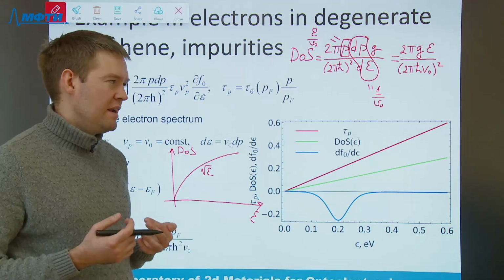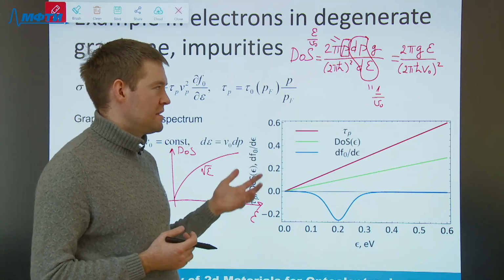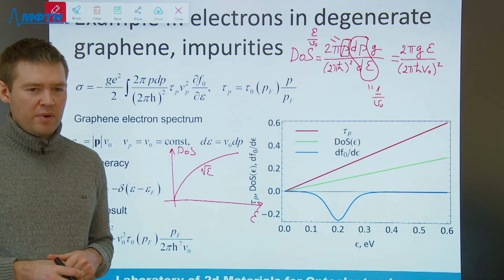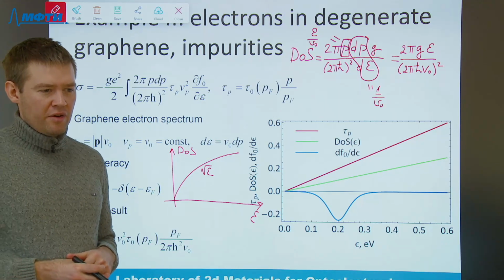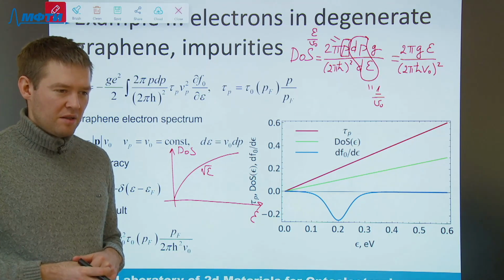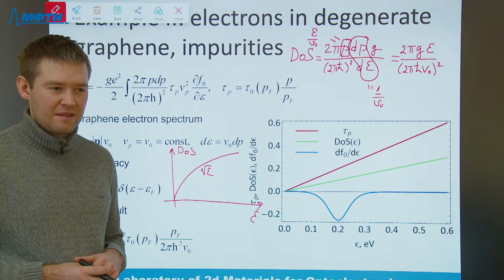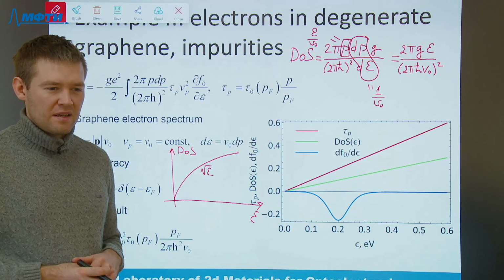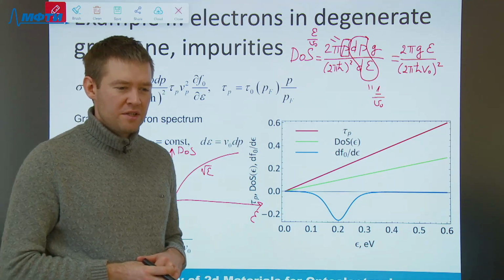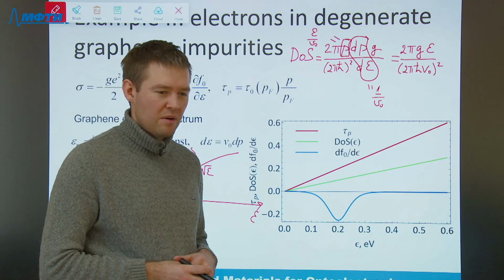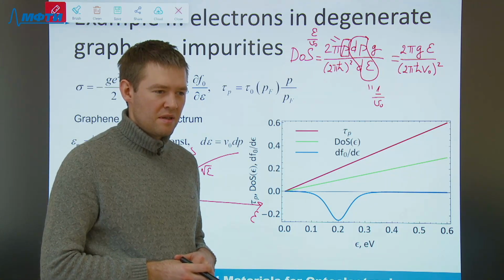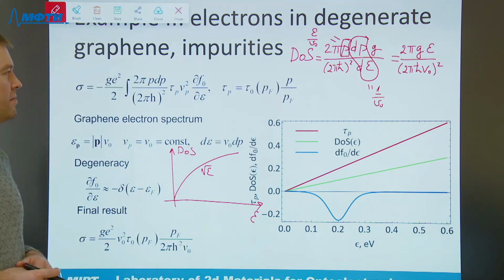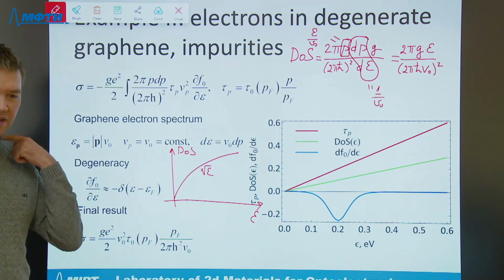So graphene, in terms of the density dependence of conductivity, should be compared only to other semiconductors to be practical, but not with metals. Did I answer your question? Do you have any remaining questions? Yes. Thank you. Any other questions regarding the conductivity part?